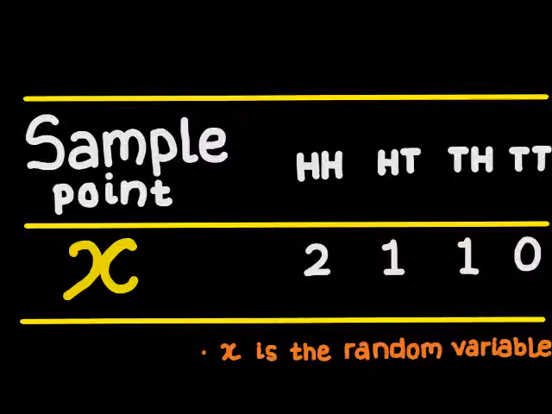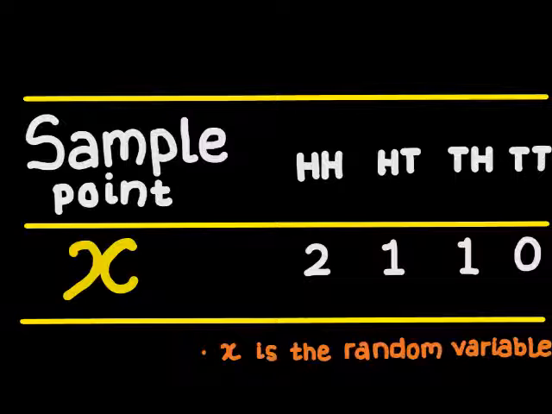Let this number X represent the number of heads that can come up. With each sample point we can associate a number for X. So the sample point X consists of all these outcomes, that is HH, HT, TH and TT.